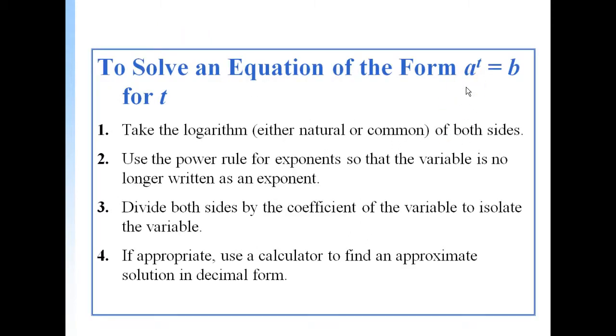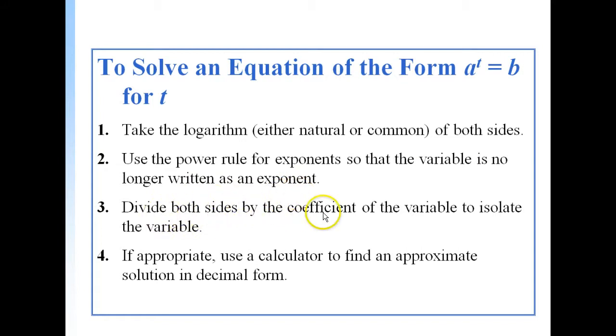So again, the summary of solving equations of this form, where you want to solve for t: take the logarithm, whether it's natural or common, this would be e, this would be base 10, of both sides. Use the power rule for exponents so that the variable is no longer written as an exponent.